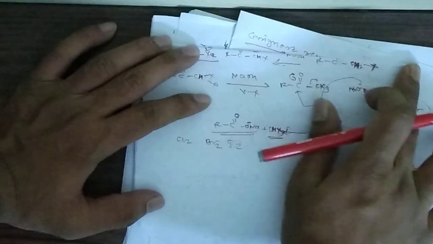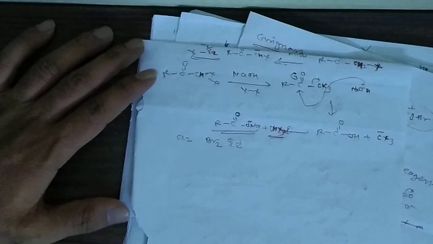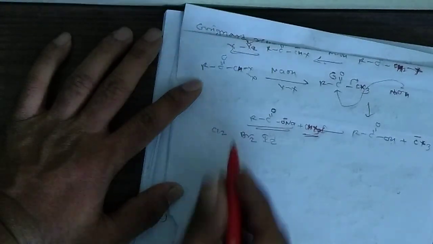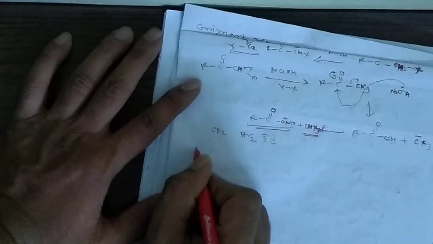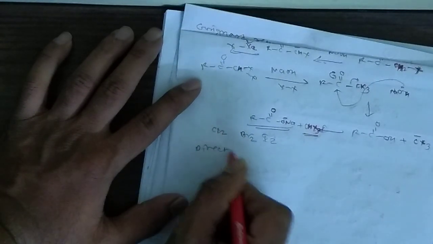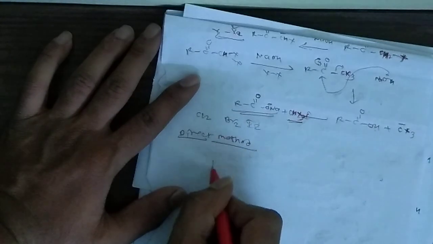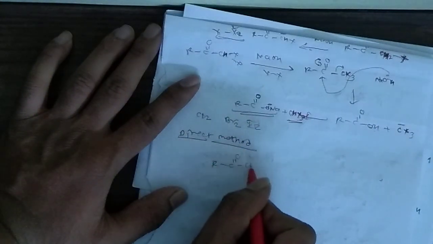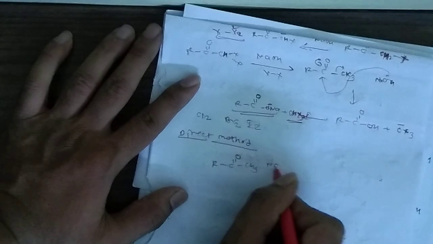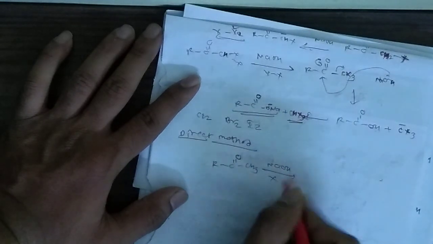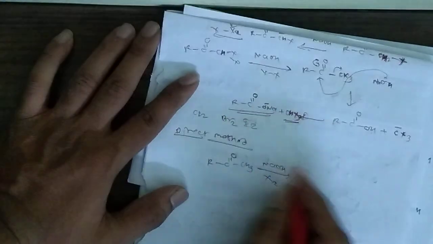Now this is the mechanism, but in the exam we are short of time, so we have to remember the direct method. So how will we remember the direct method of that reaction? If you have C double bond O CH3, with NaOH and X2 given, what will form?